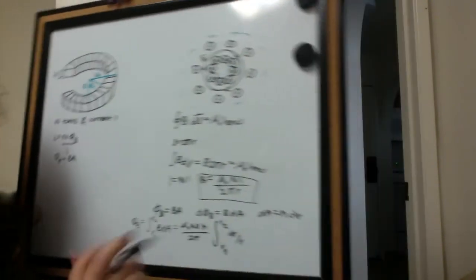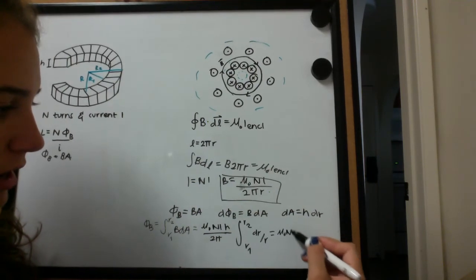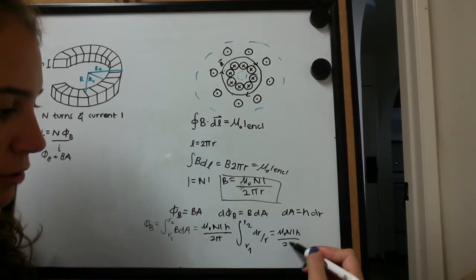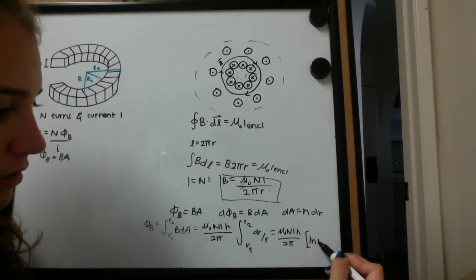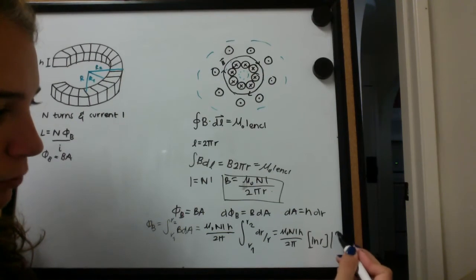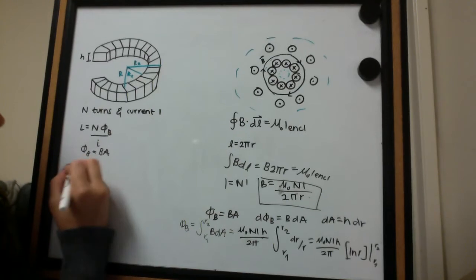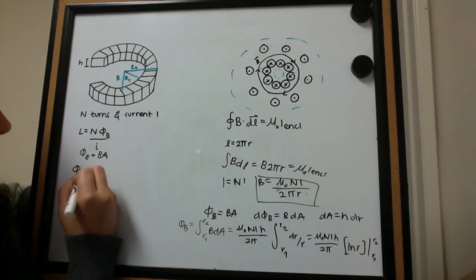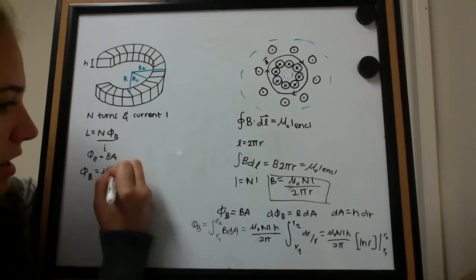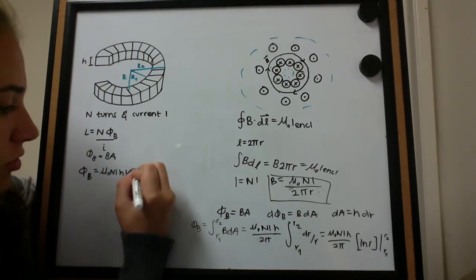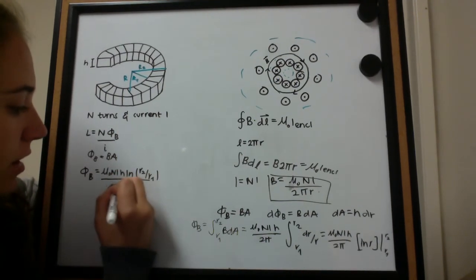If we integrate this, our answer is going to be mu naught N I h divided by 2 pi multiplied by the natural log of r. When we evaluate from r1 to r2, we get that our full flux is equal to mu naught N I h natural log of r2 over r1 divided by 2 pi.